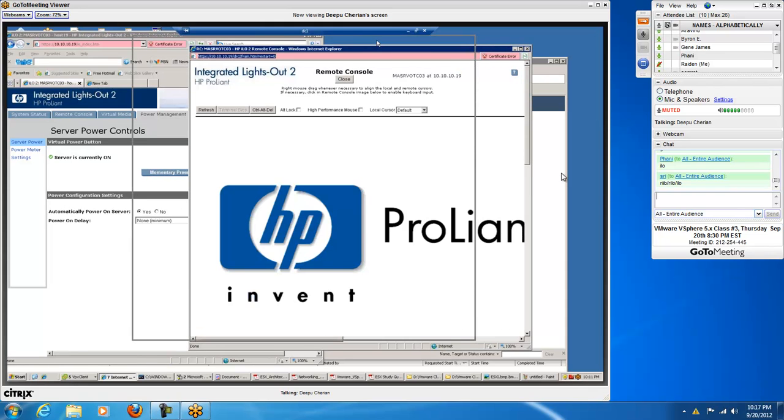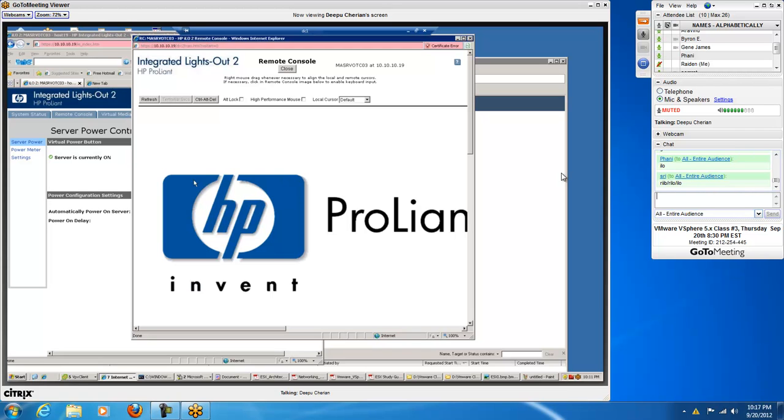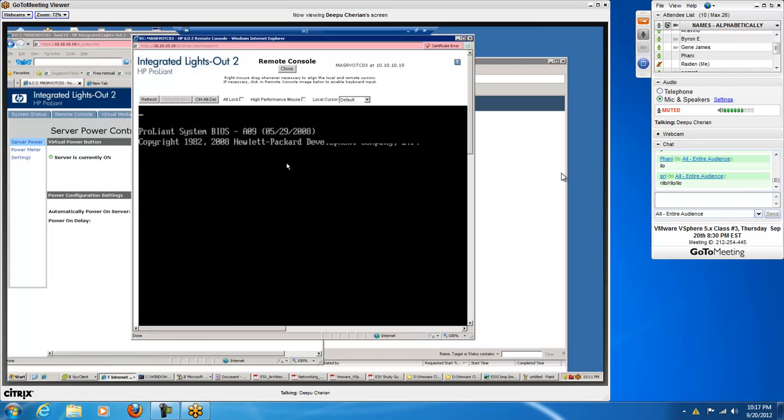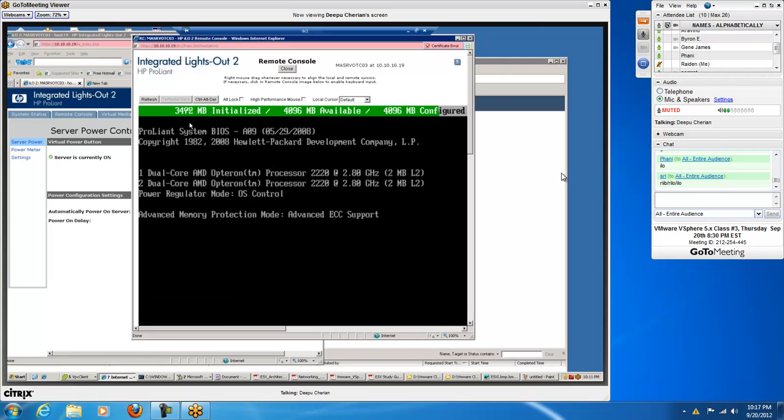Okay, so this is an HP ProLiant server. The server is starting. You have to click your mouse. There is something you need to be familiar with. That's why I'm telling this for people who have not worked on these things, so please look into this carefully. Make sure your mouse pointer is inside. And now the server is booting.